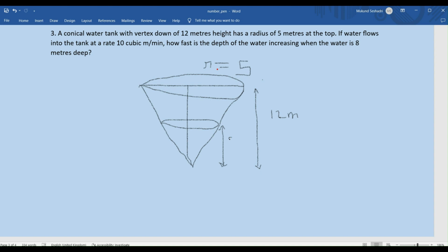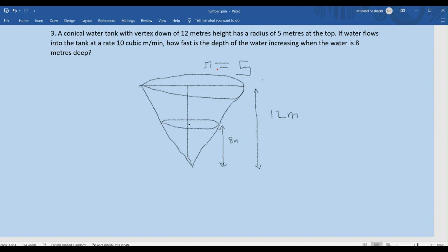And we have been asked to find what is the rate of change of depth with respect to time when we reach 8 meters height for the water within the tank, right? So we have the diagram with us.